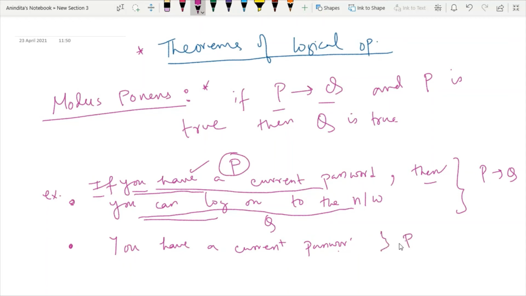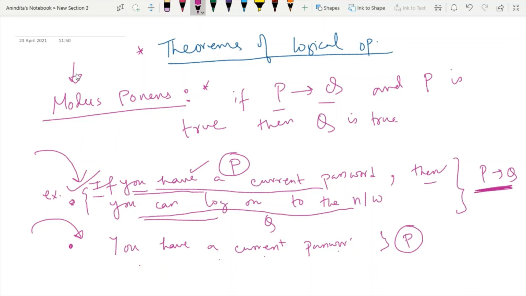So what do you mean by modus ponens law? Whenever from the real world you are gathering the first information, that if you have a current password then you could log into the network, internally it will be represented as P implies Q. And then you have another piece of information that you have a current password, which can be represented as P. At this point, the machine will apply the law of modus ponens.